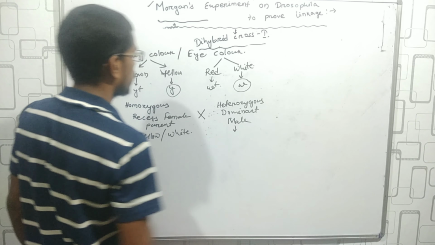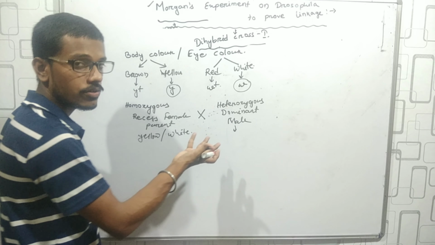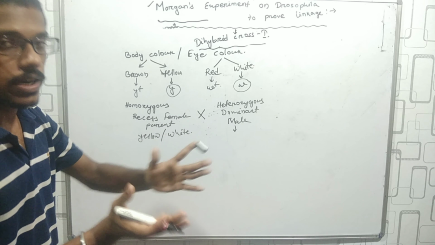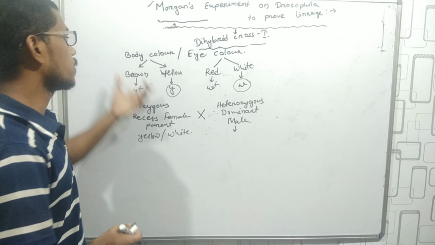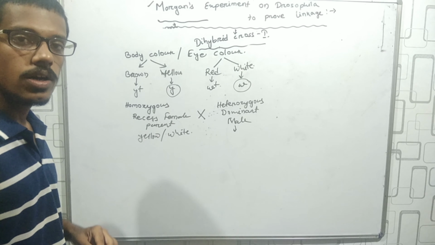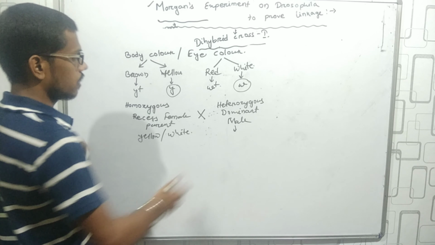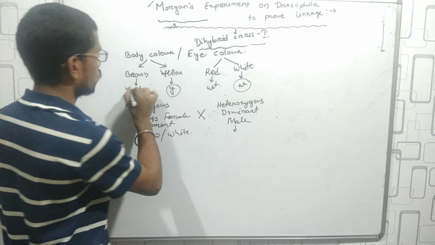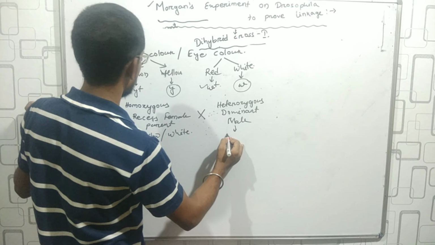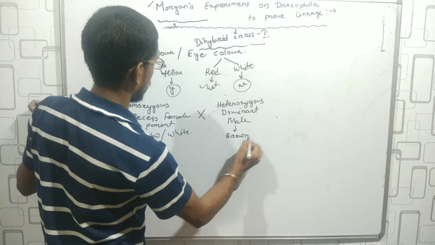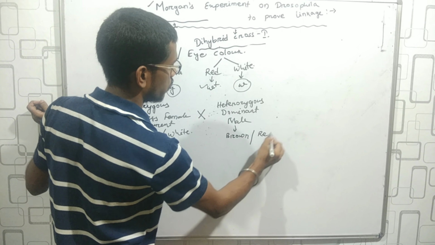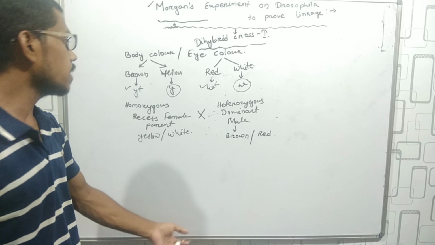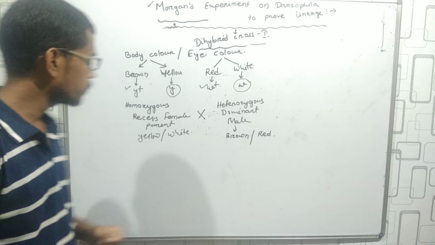Heterozygous means here the male has X and Y chromosome, and we know that the body color and eye color are associated with the X chromosome. Thus this is the dominant, brown body color and red eye color.